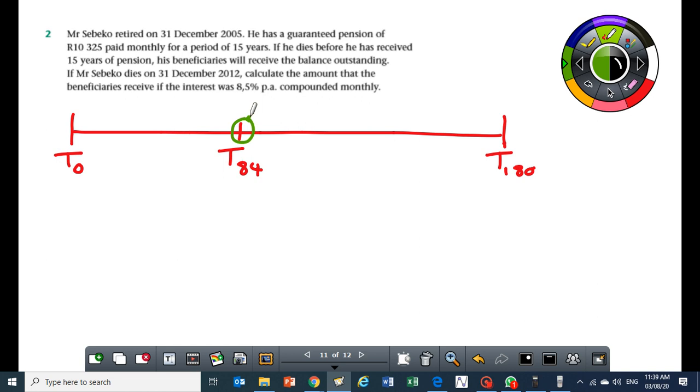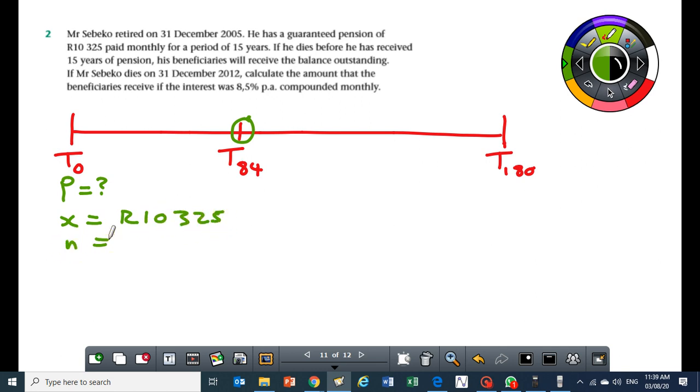Okay? In this question, we don't know what the P is. This P here, we don't know. It's not given. So the only way to carry on is for us to use the second formula, the one which uses the present value formula. So for this question, our X is going to be 10,325 rand.